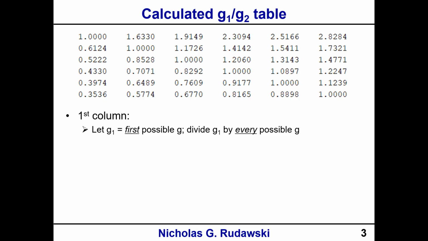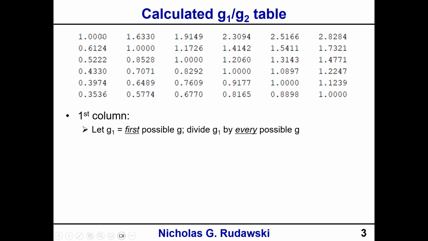We're dividing that G vector by all the other G vectors. When we get to the same G vector, our quotient will be 1, but the preceding one is longer than the one we're assigning for G1, so that value will actually be greater than 1. Then as we go below, those will all be less than 1.